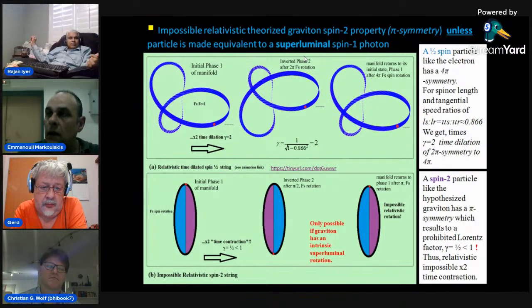So now we're talking about the possible quantum of space-time. So it's not obliged to follow the speed limit, you know?